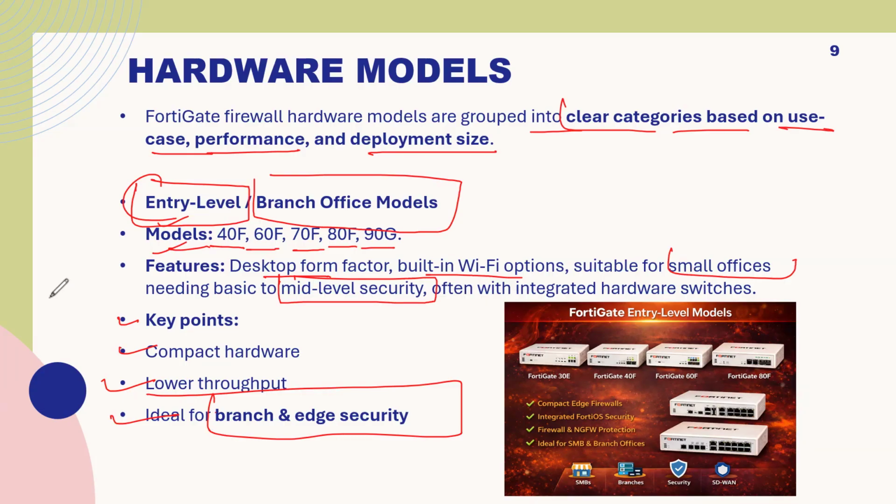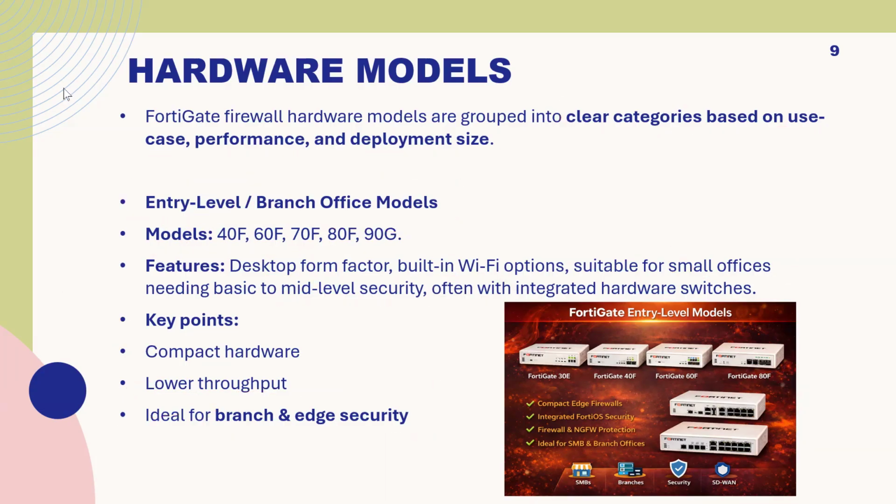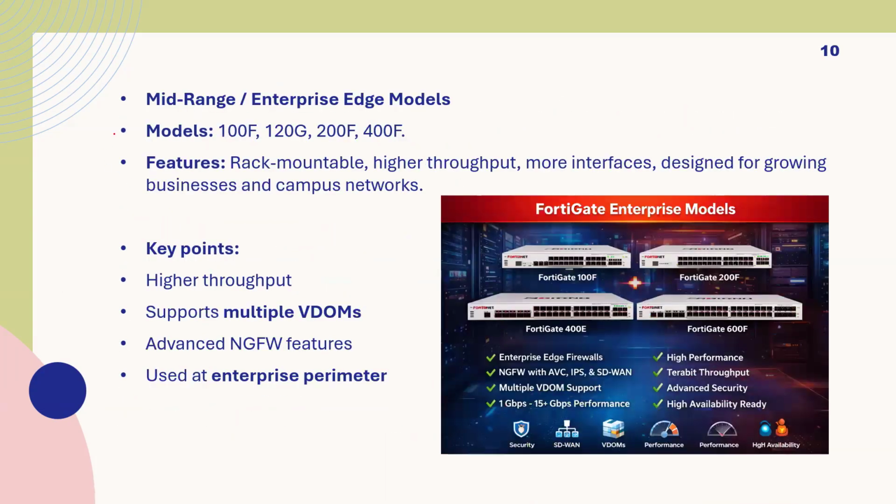Next, one more level we have. For example, mid-range, that is for enterprise and larger companies. The mid models are like 100F, 120G, 200, and 400. That is going to provide rack-mountable hardware, that can be mounted on racks.